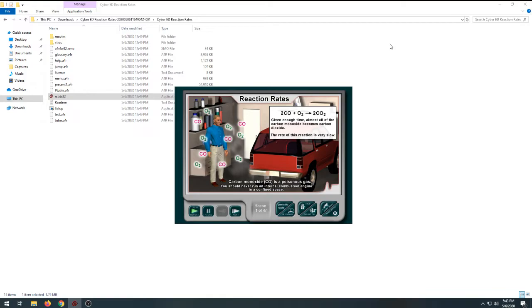In spite of the fact that the carbon monoxide is eventually converted to carbon dioxide, the rate of the reaction is so slow that the carbon monoxide concentration in the garage can quickly build to a toxic level.